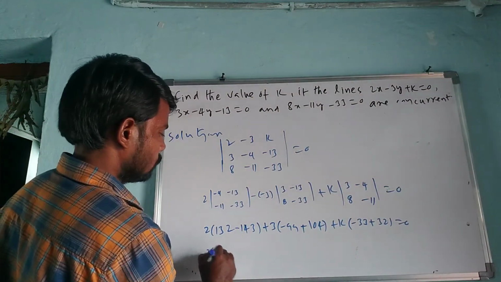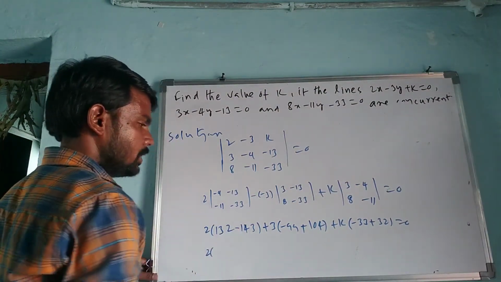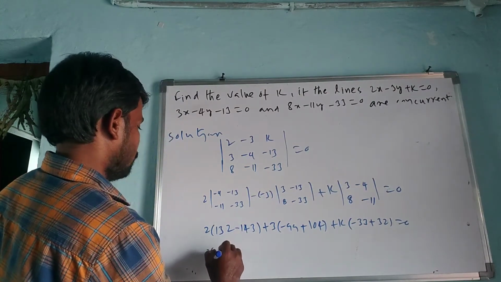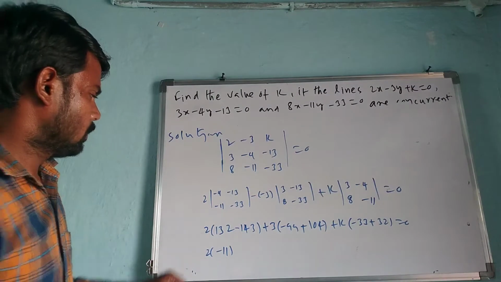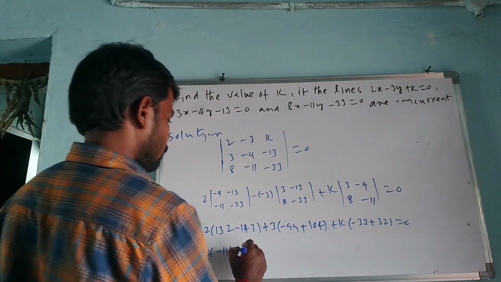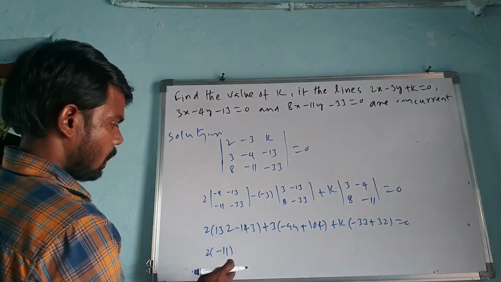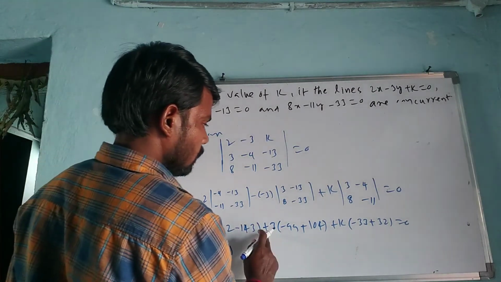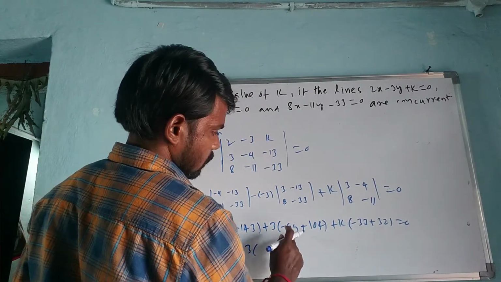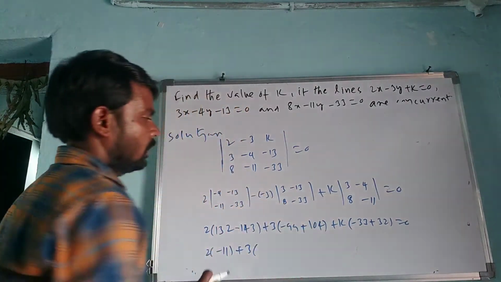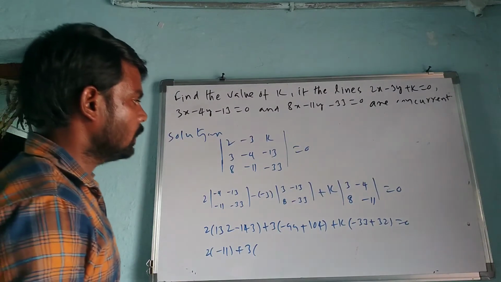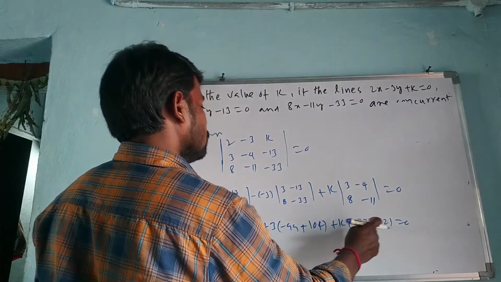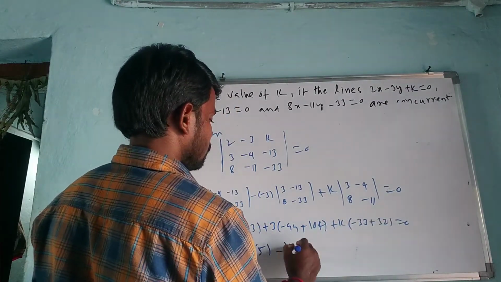So 2 into 132 minus 143, clearly it is what here, 11 minus 11, yeah, it is 11. Now then plus 3 into 104 minus 99, which is 5, plus here minus 33 plus 32 is minus k, is equal to 0.